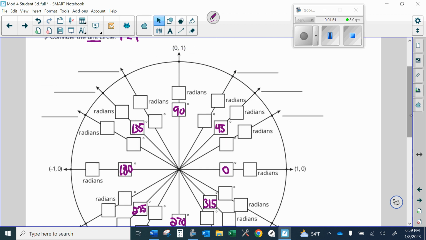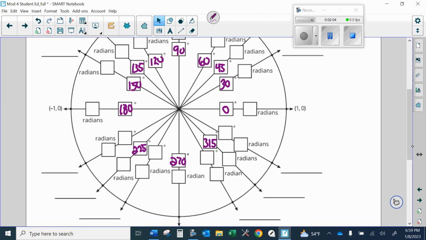These other ones are all 30s and 60s. So 30 degrees, 60 degrees, 90. Another 30 is 120, another 30 is 150, another 30 is your 180, another 30 is your 210, another 30 is 240, another 30 is 270, the next 30 is 300, and the next 30 is 330, and then we're back to 360, or 0 again. 0 and 360 being the same thing.